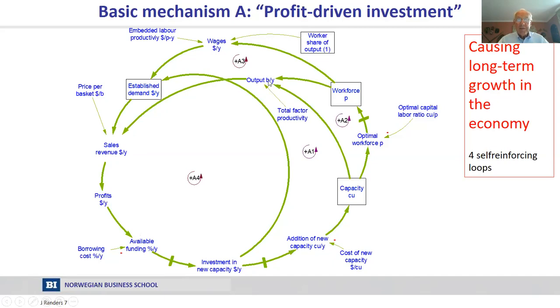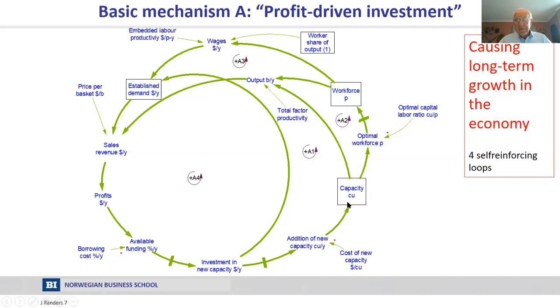The B are baskets of goods and services per year. And the output is, of course, a function of the installed capacity and the current workforce, and is influenced by the addition of new capacity, which is in turn governed by the investment in new capacity. So you have the perfectly normal positive growth rate, which drives economic growth, as long as the investment in new capacity is higher than the capacity discard.